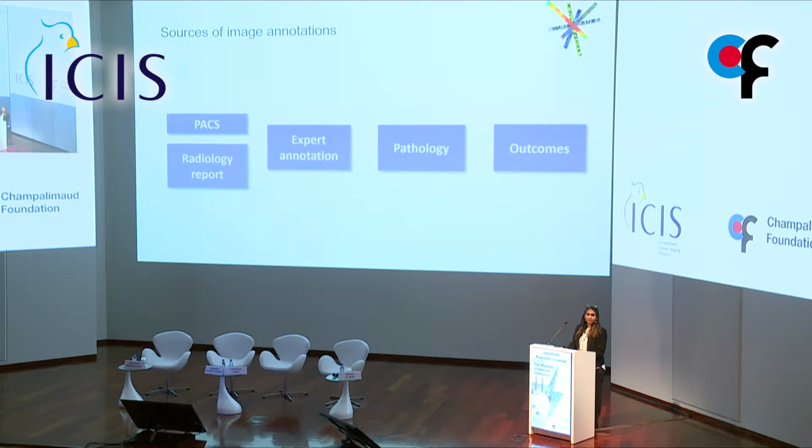So very typically what we tend to do now is do it retrospectively. So we go into our PACS and go into the radiology report, try to retrospectively look at the data, to pull data from the PACS and the reports and try to figure out which of the cases have some finding of interest. This can be dangerous, as was mentioned, because, for instance, if you're talking about pneumothorax or something and you look for the report that has that word, you may not know that what the system will end up finding is tubes or something else.